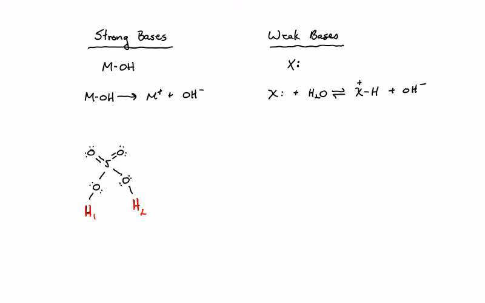Okay, but if I add this to water, there's going to be two processes that happen. The first one's going to be irreversible. Okay, this is going to be the loss of one proton completely. Okay, so we wind up with a negative charge here, plus hydronium is formed.